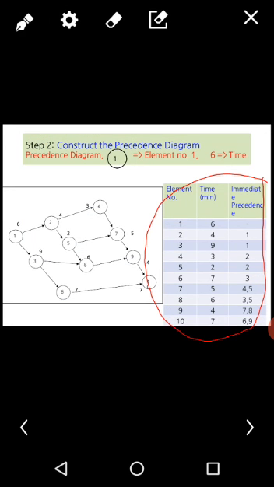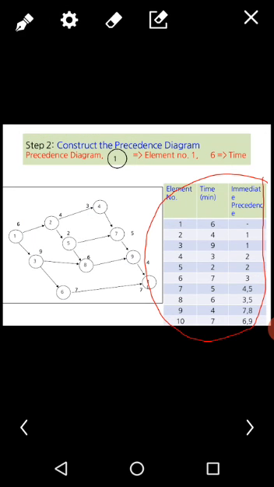This particular table, what I rounded off, you should take from the given problem. We have element numbers 1 to 10, and for each element number we have a time and respectively its precedence. Got it? Right. Now I will say how to construct the precedence diagram.